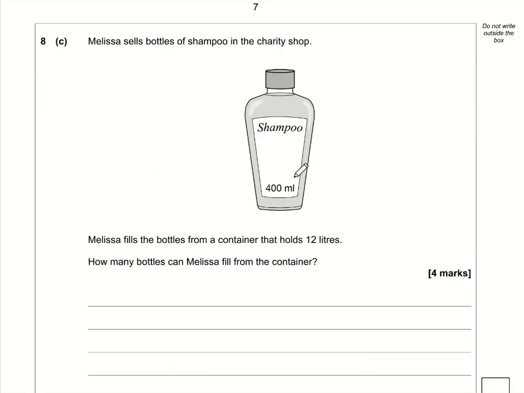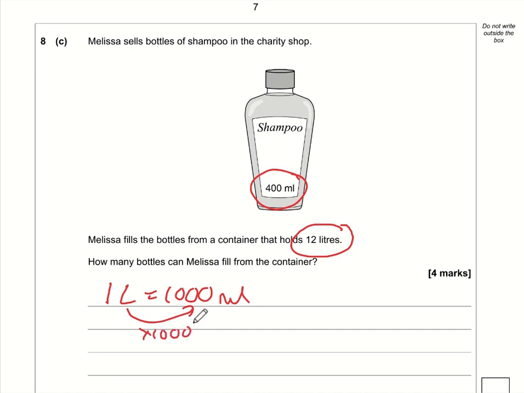Moving on to part C. So we know that a bottle of shampoo is 400 millilitres, and she's filling it from a container that holds 12 litres. So again, we've got mixed units here, millilitres and litres. Easier if we convert 12 litres into millilitres. 1 litre is 1,000 millilitres, so we're multiplying by 1,000.